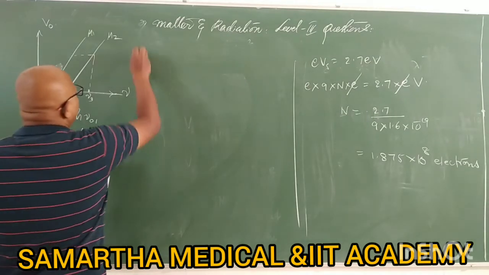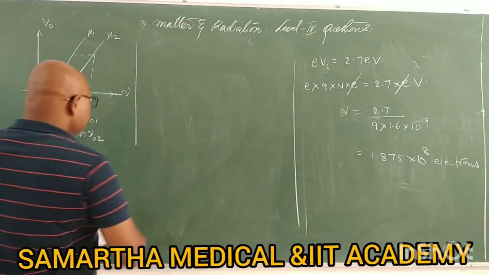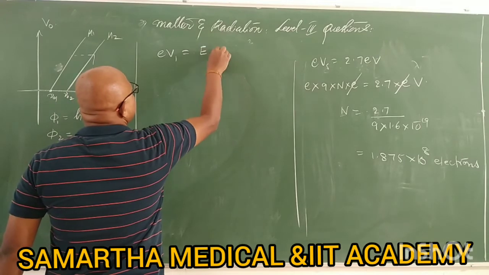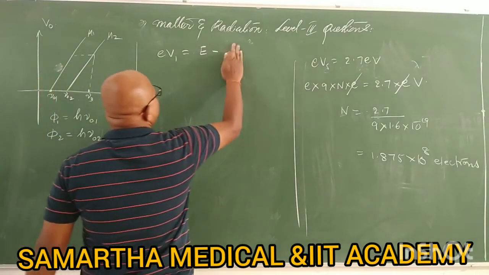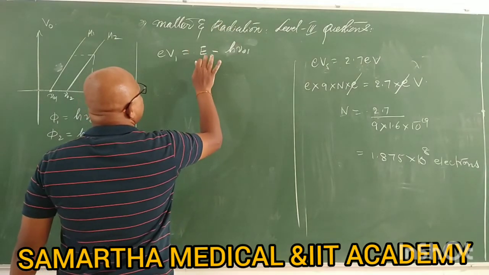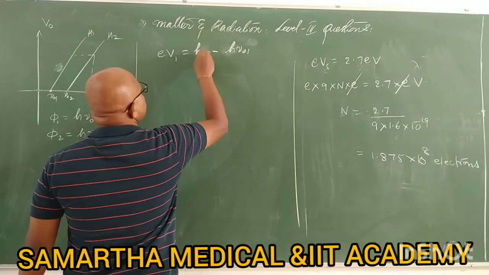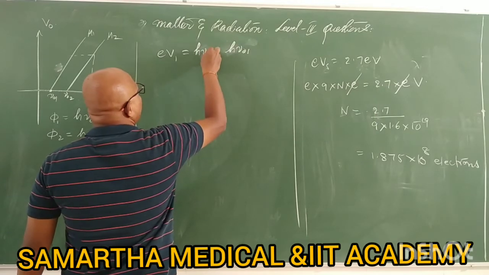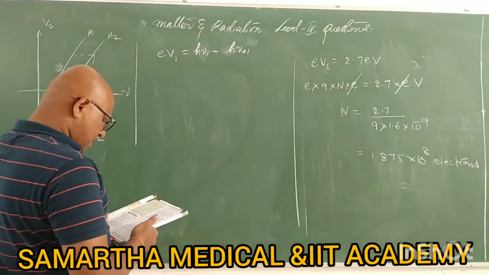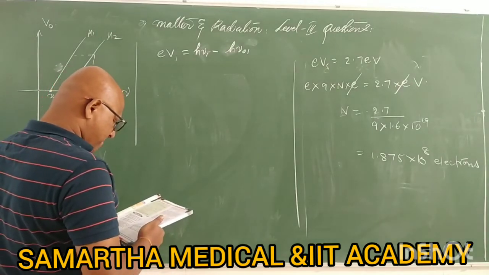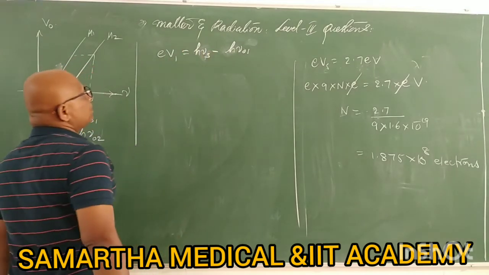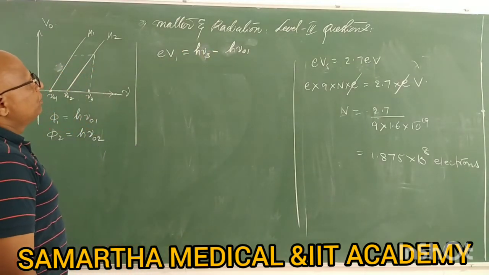Slope of the line, okay. Yes, E into V1 is equal to energy minus work function, and work function is nothing but h nu naught 1. The energy is h nu 3, because we are using a frequency called nu 3.